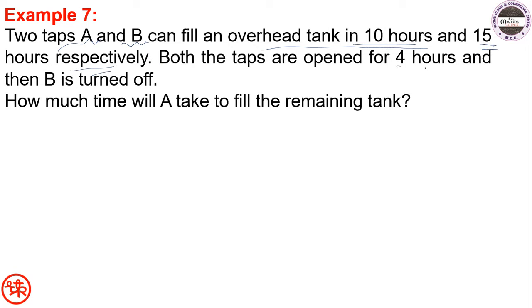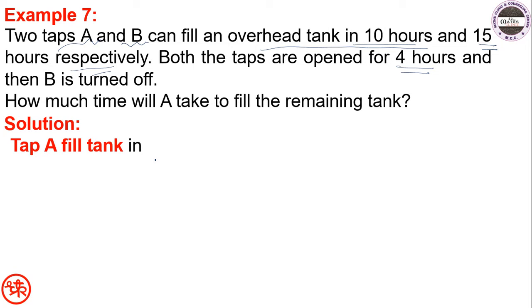Both taps are open for 4 hours and then A is turned off. This is the same example like example number 6 we discussed earlier. Okay, so how much time will B take to fill the remaining tank? Similar, same example. Okay, so look at here.